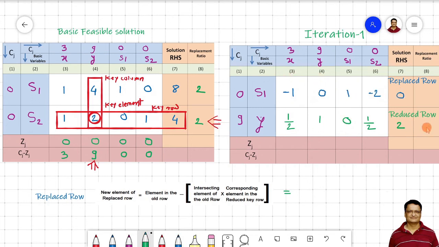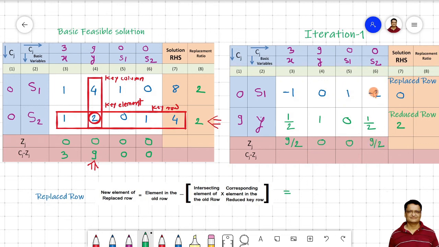Now once we get all these values, it is time to evaluate the value of z and Cj minus Zj. We know that the value of z is evaluated by multiplying these two elements. So 0 into minus 1 plus 9 into 1 by 2, which is equal to 9 by 2. In the same way, we can evaluate the values for the remaining columns.